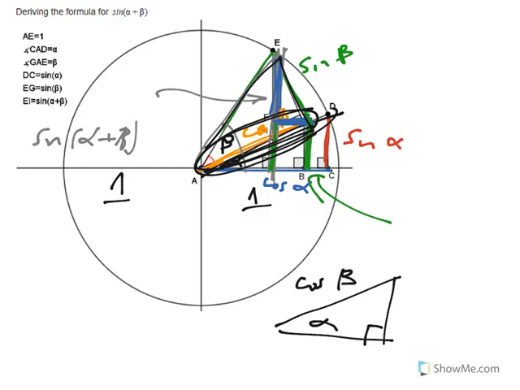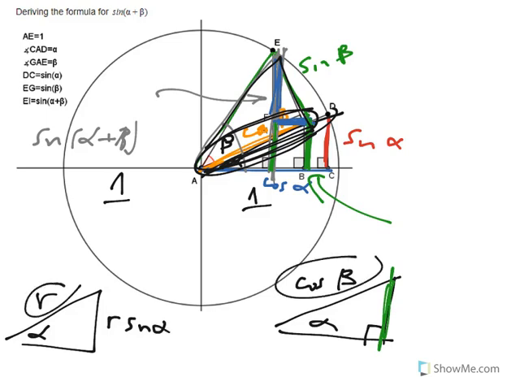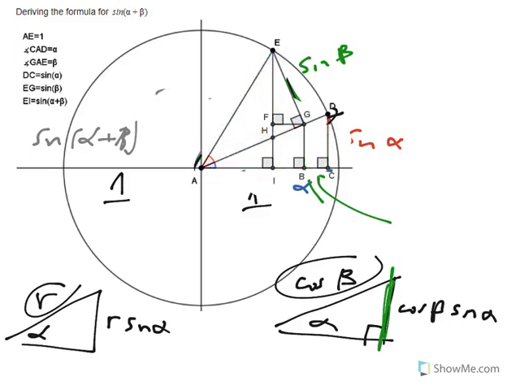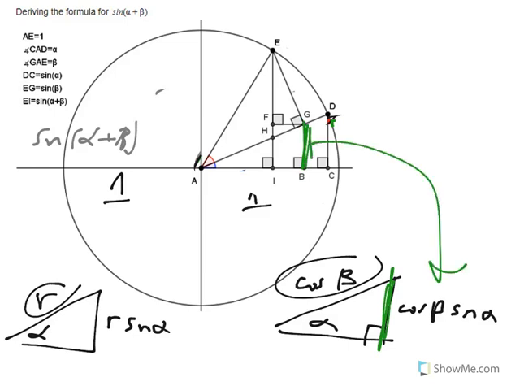And that makes this green line, in general, the hypotenuse in a triangle like this, where this is R sine alpha. In this case, R is a more complicated expression, so it's cosine beta times sine alpha. Too much stuff here. And now I've identified this piece here as cosine beta times sine alpha.